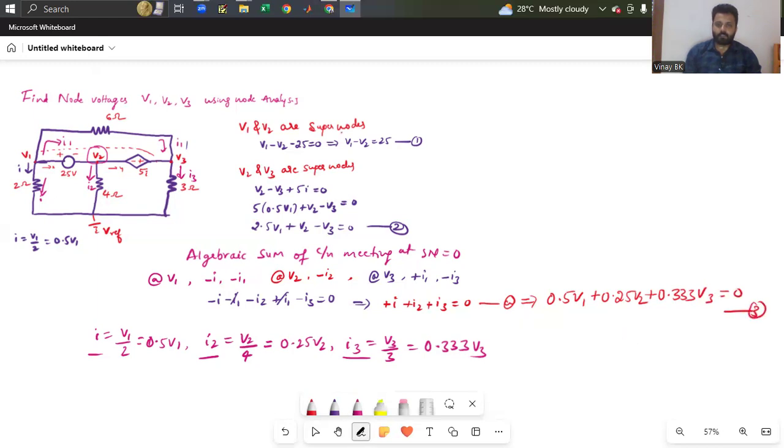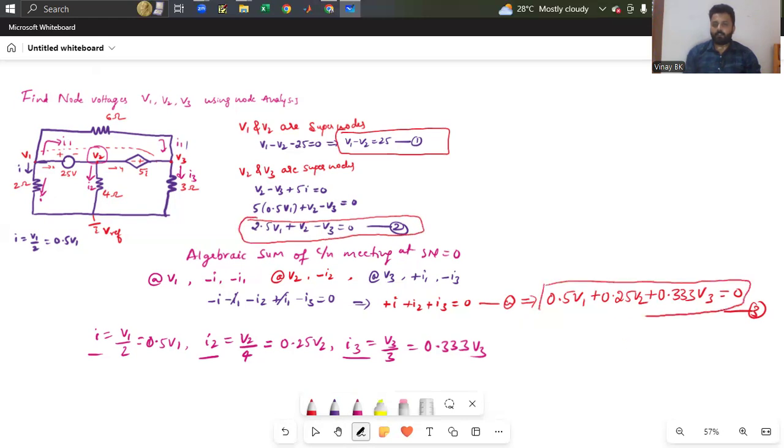Now solve equation 1, equation 2, and equation 3. With the help of a calculator, we'll get the values of V1, V2, V3. Give me a second.